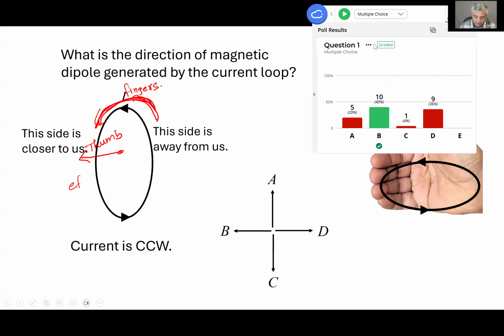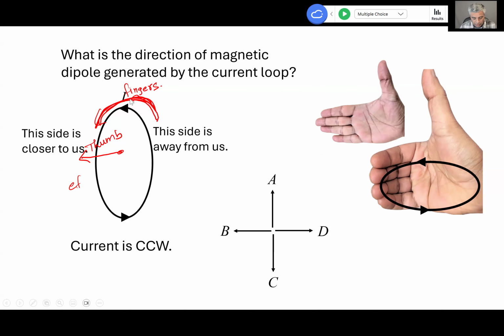But I see it is also, I think, this loop orientation. This is drawn in 2 dimensions, and the loop being 3 dimensional, that could be a little bit confusing, looks like. So that's why quite a few of you got D as the answer as well.